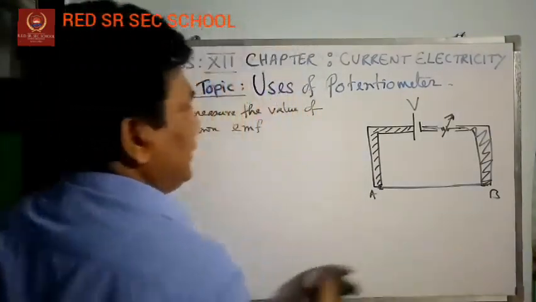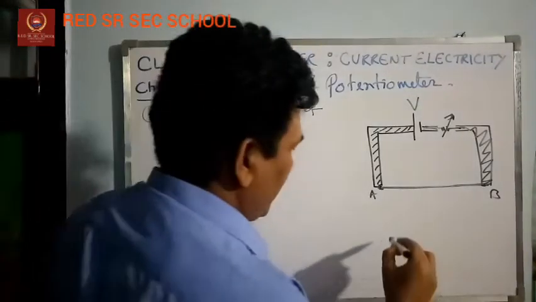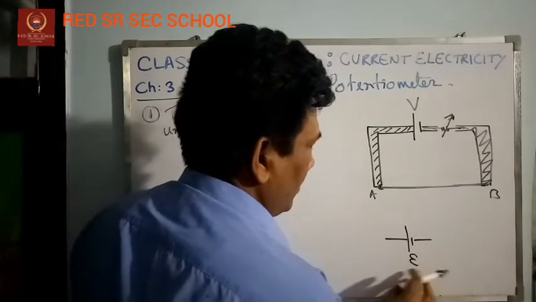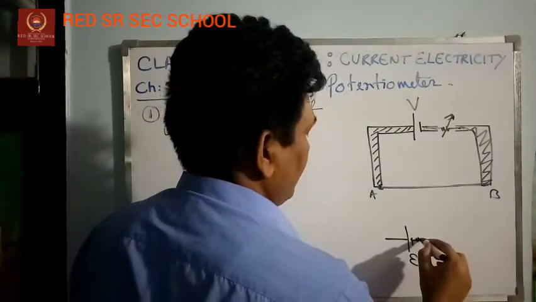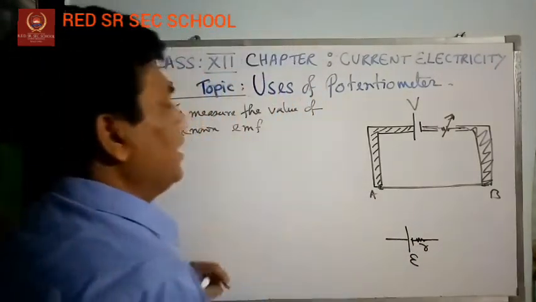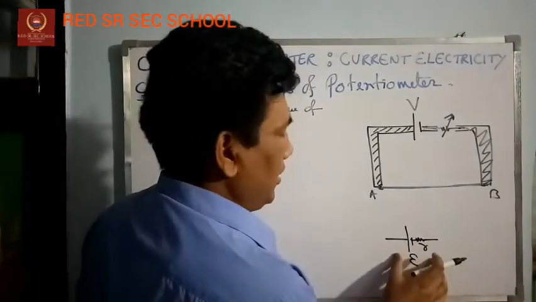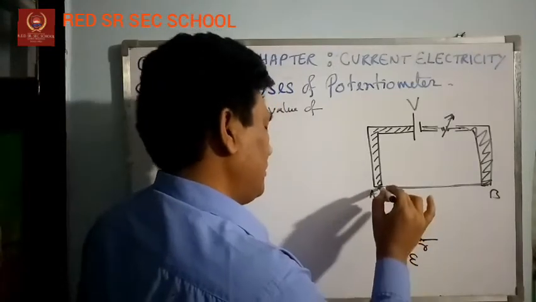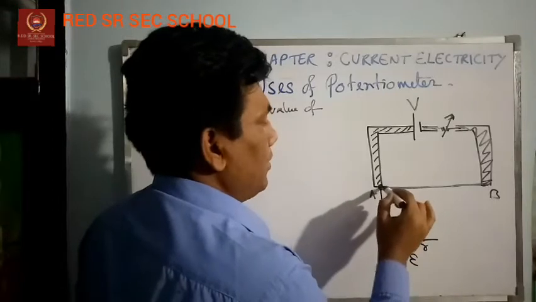Say I have one cell whose EMF is not known. This value I don't know. It has some internal resistance. Now what I need to do is connect this with the potentiometer wire. How? Connect the positive terminal of the cell with the positive terminal of the wire.